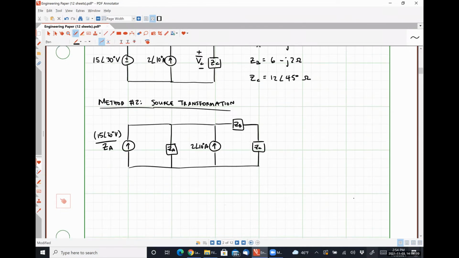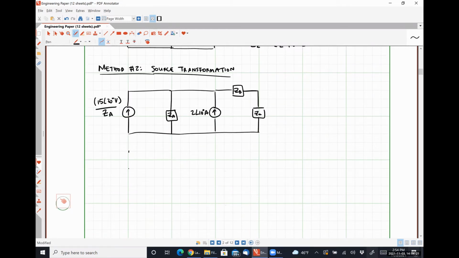I could then observe, hopefully you all observe it as well, those two current sources are in parallel and they are oriented in the same direction, which means I could replace it with a single current source having a value of (15 angle 30 degrees volts divided by ZA) plus 2 angle 10 degrees amps. So that's the total current being provided by this composite source.